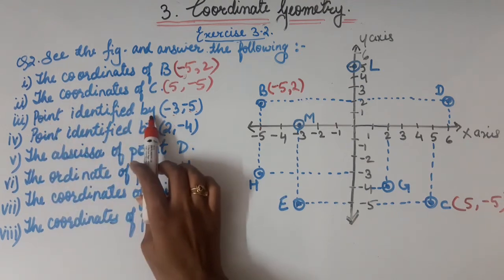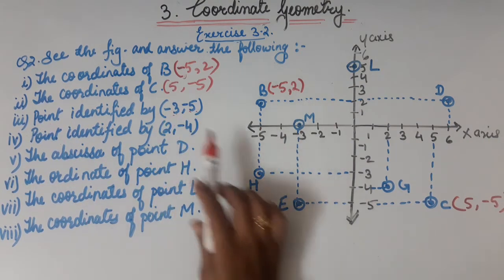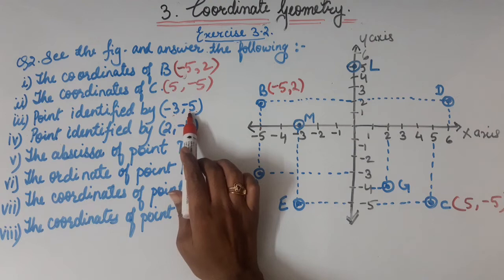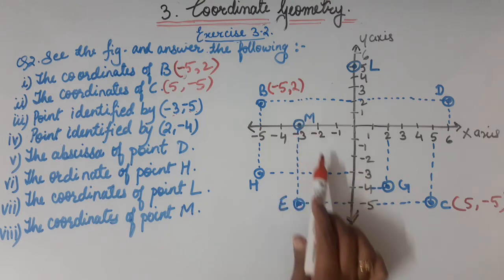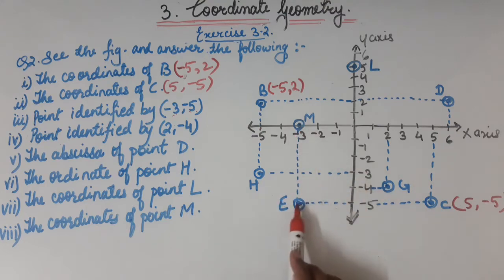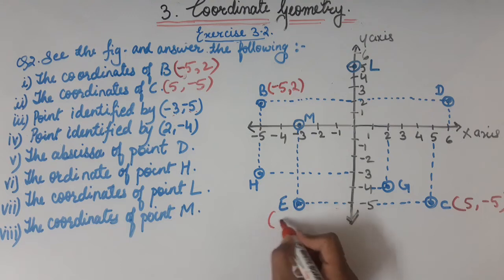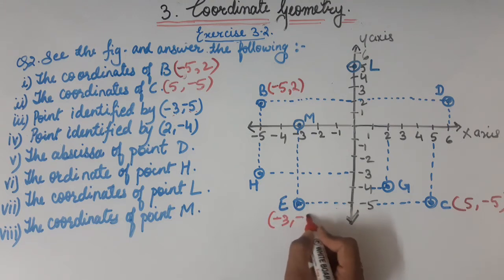Point identified by -3 comma -5. The x coordinate is -3, y coordinate is -5. So x coordinate -3 here, and you have to go down till -5. So this point E has coordinates -3 comma -5.